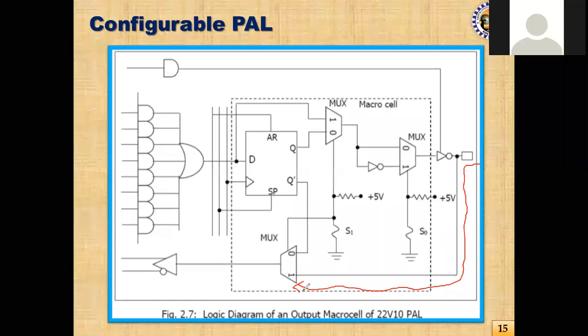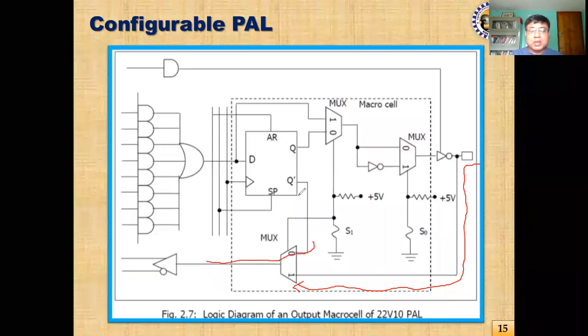Based on the position of this switch, if the fuse S1 is intact, that means there is connection. If it is 0, then what will happen? Then the Q bar will get a path to the output.